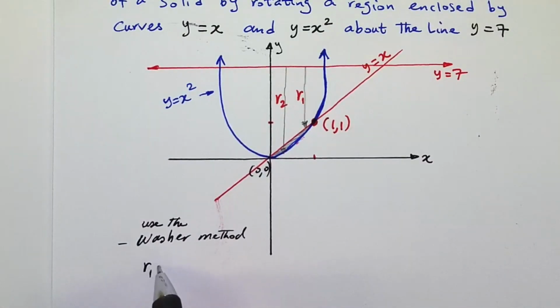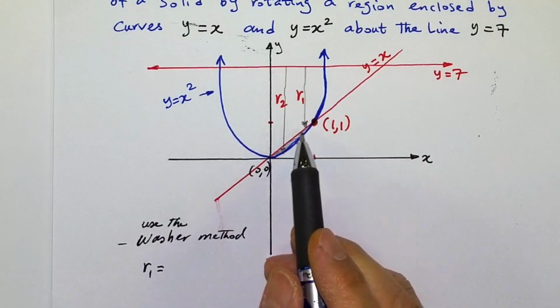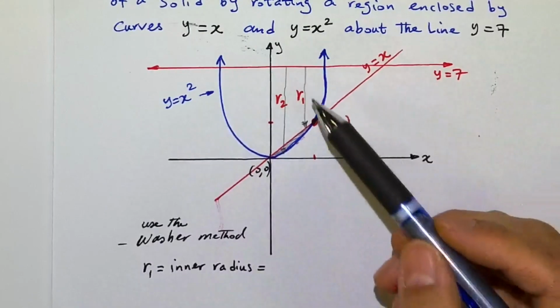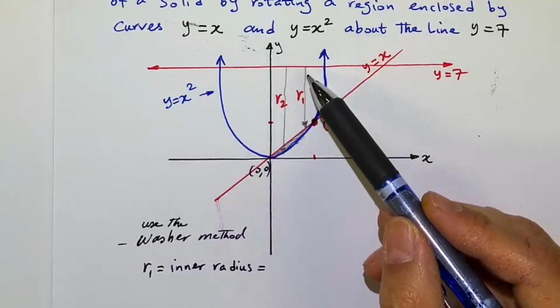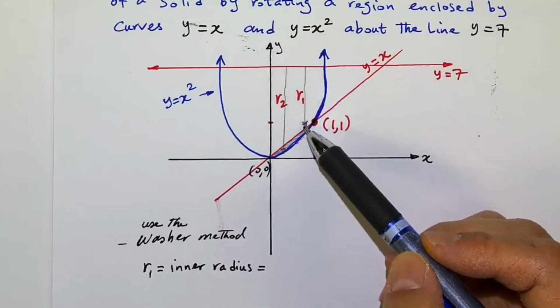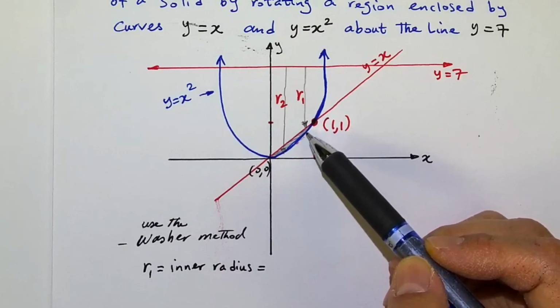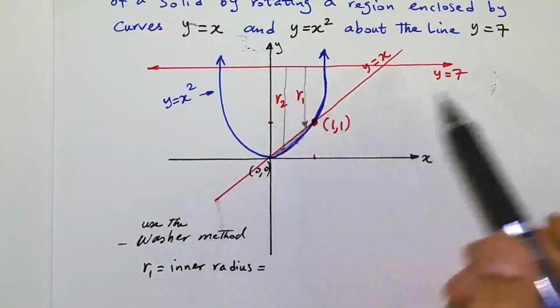So R1 would be the inner radius, and it would be equal to that distance, plus that curve that we have, 7.